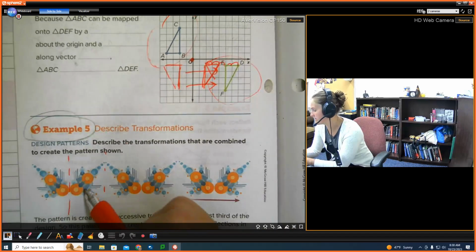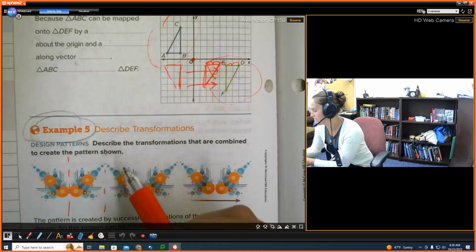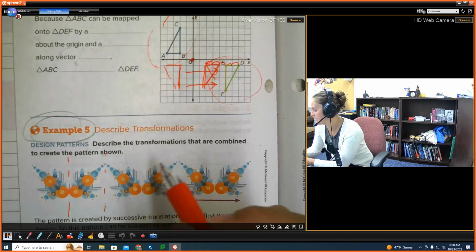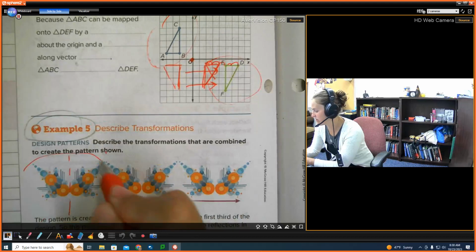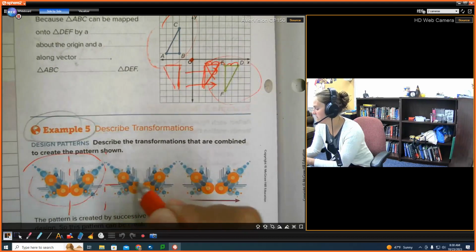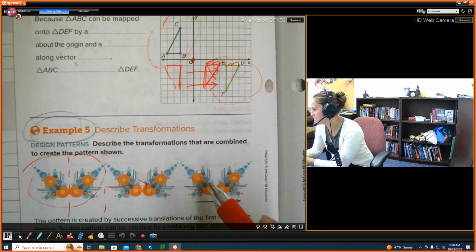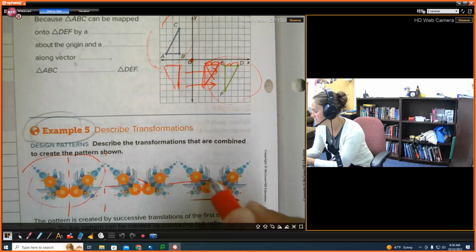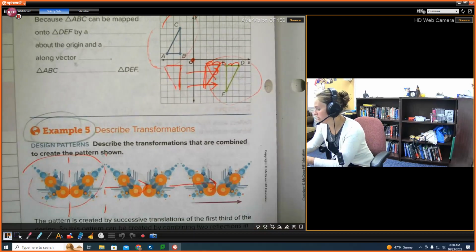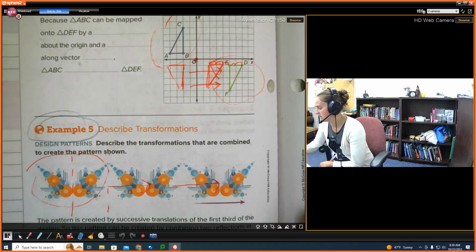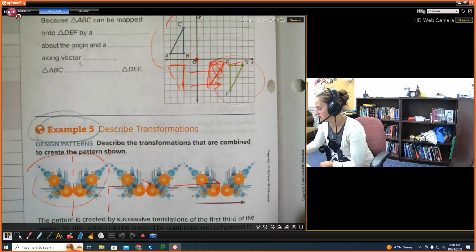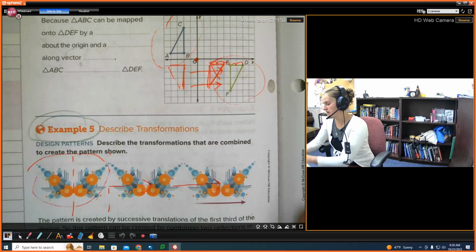If we reflect it over this line and then reflect it over this line. Or we could take this whole thing and it would be translational, right? So again, you can say multiple things to answer these.